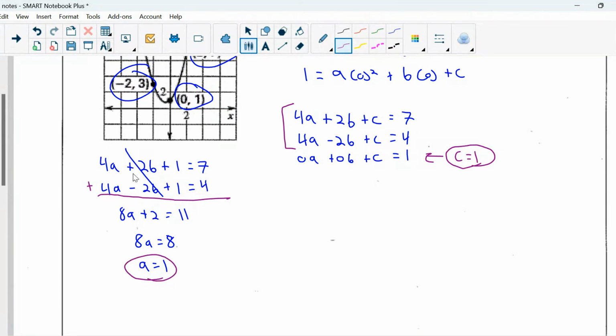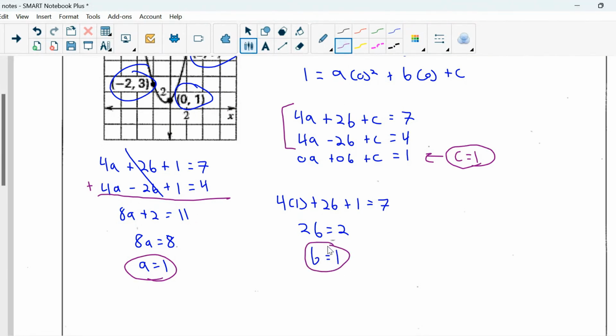So let's just substitute this back into really any of our equations here. So I've got 4 times 1 plus 2b plus c, which is 1, equals 7. Go ahead and simplify. Gives me 2b equals 7 minus 5. So that just gives me 2, which will ultimately give me b equals 1.